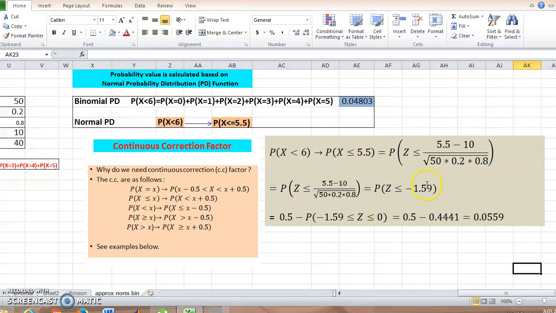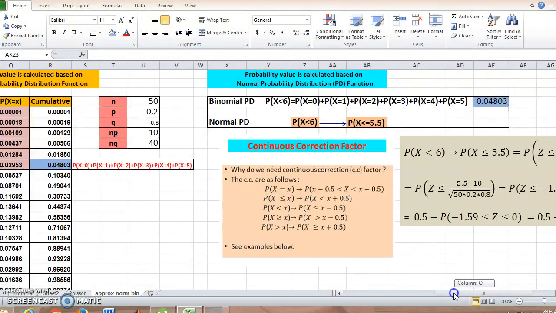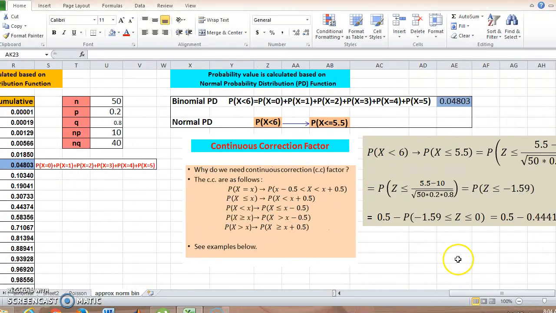This is the area to the left in our standard normal table. I suggest you draw the area of interest or sketch the area of your interest. To obtain the area of interest, it is given by 0.5 minus the area between negative 1.59 and 0.